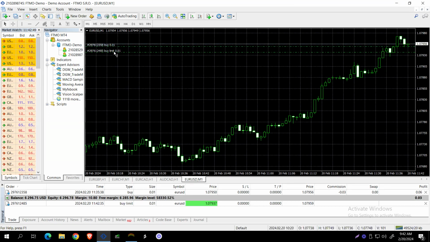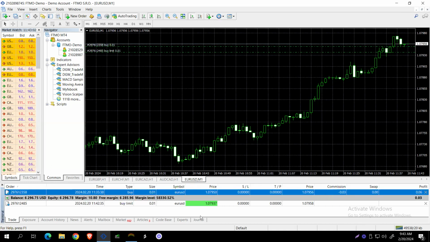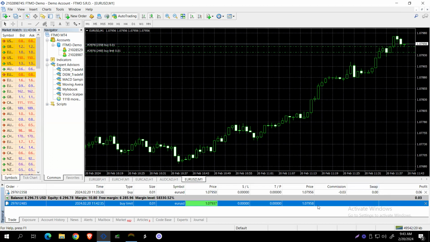Once we place the order there, we'll have to wait till the market gets to that point, then buy the currency from it. So if you can see this order now, it has not started reading yet. It needs to wait for the market to get to that line. Then we'll enter the trade as a buy.